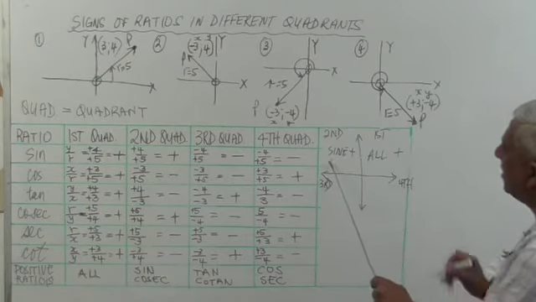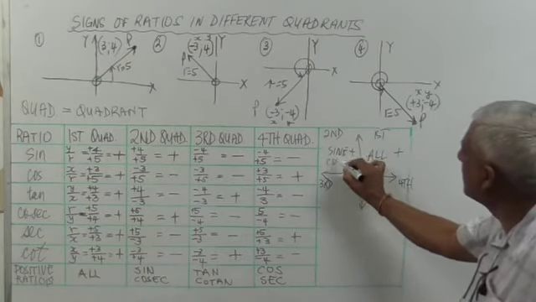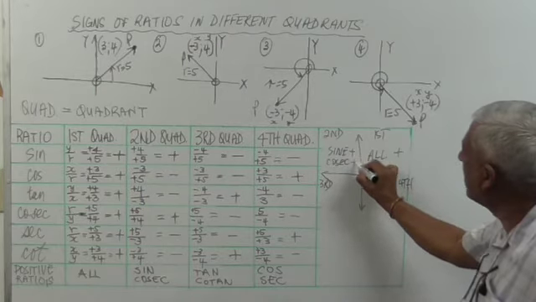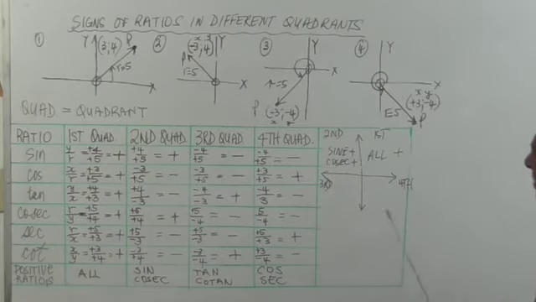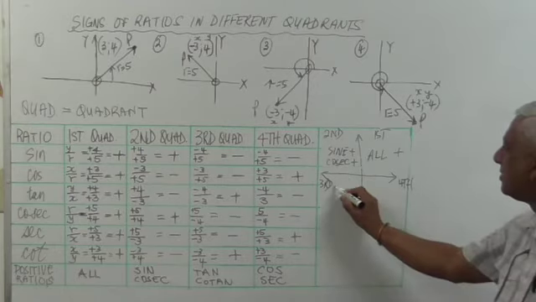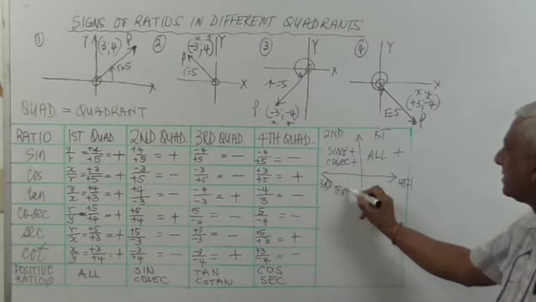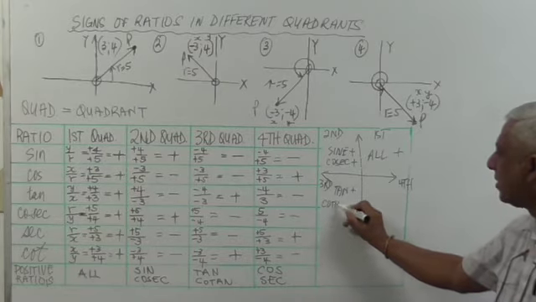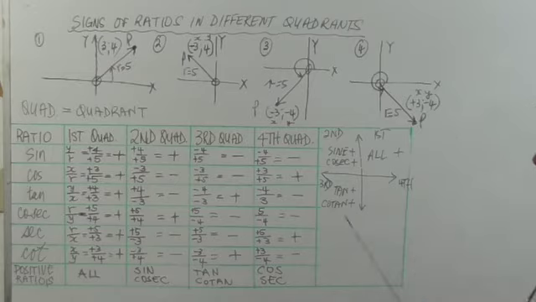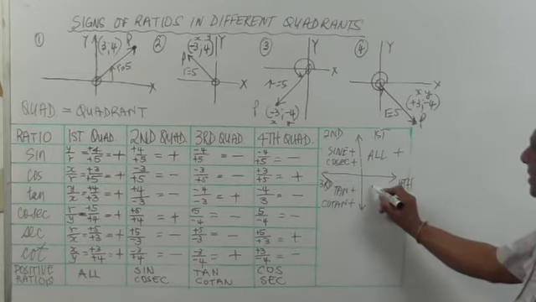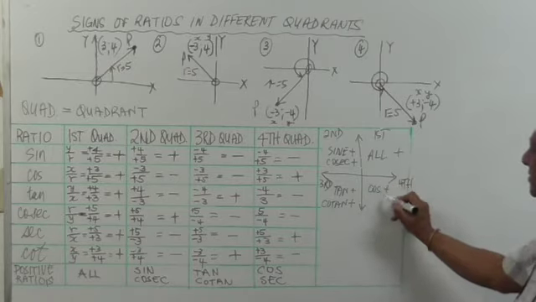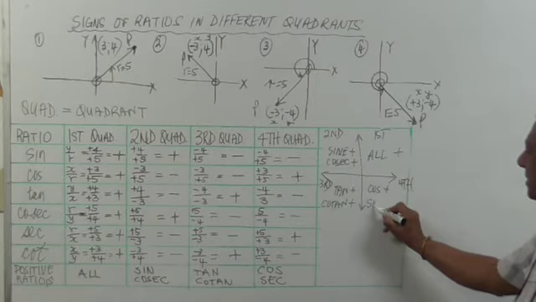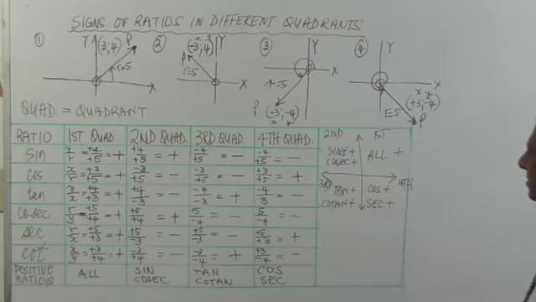Now the reciprocal of sine is cosec, so it is also positive. Here tan and cotan, so tan is positive and its reciprocal cotan is positive. And here cos is positive and its reciprocal sec is positive.